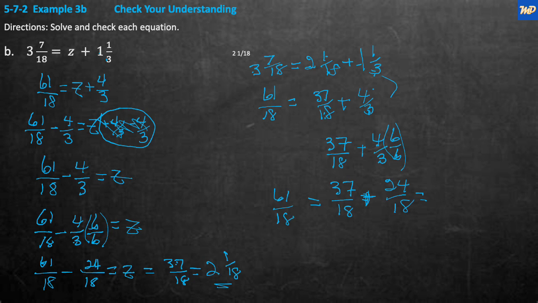Let's find out. Here's the equal sign, 37 and 24. 20 and 37 is 57, plus 4 is 61. 61/18. Does that equal 61/18? I think it does. We win. Okay, good job, everyone.